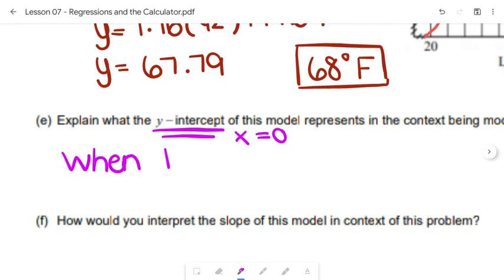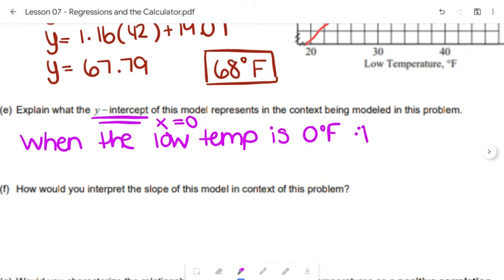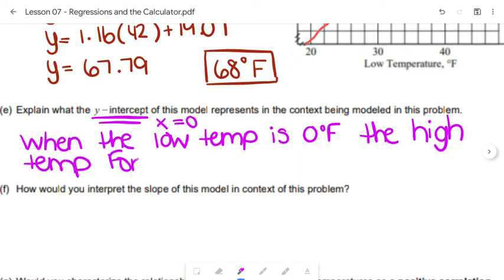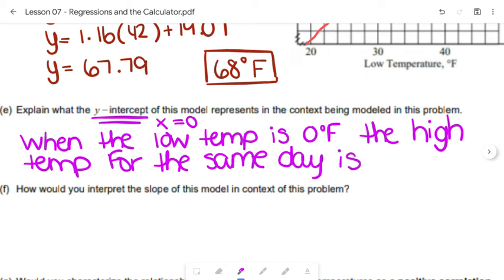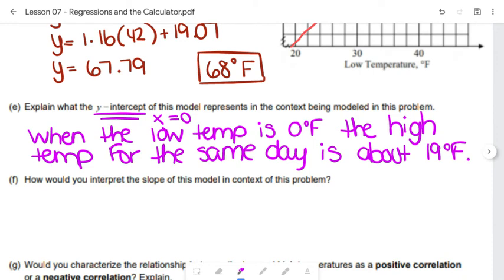So when the low temperature is 0 degrees Fahrenheit, the high temperature for the same day is about 19 degrees Fahrenheit.